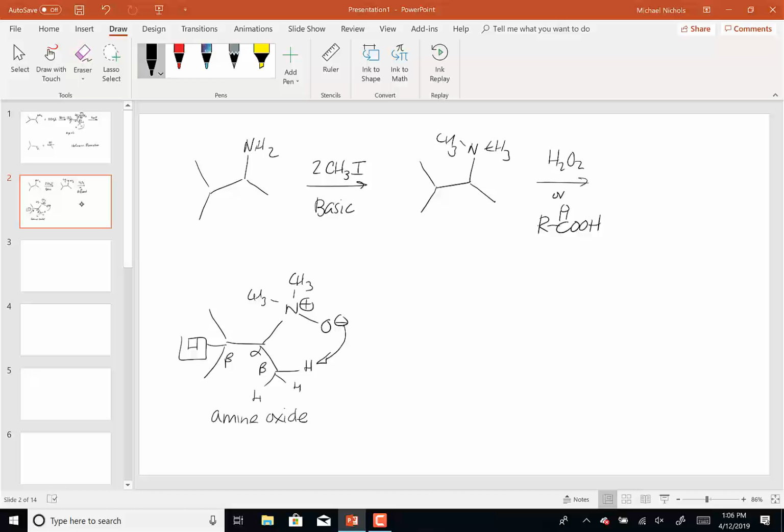This pair of electrons will come over and grab the hydrogen. A pair of electrons will move there, and then a pair of electrons to the N plus. So that I form that alkene. And I form what's called a hydroxylamine. And this is what's called Cope elimination.